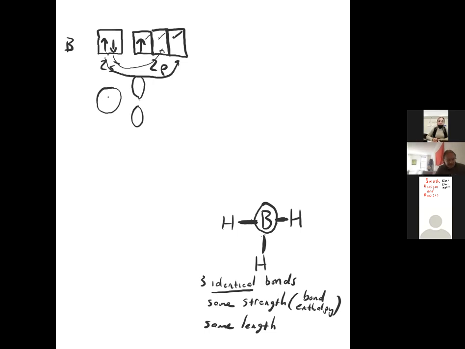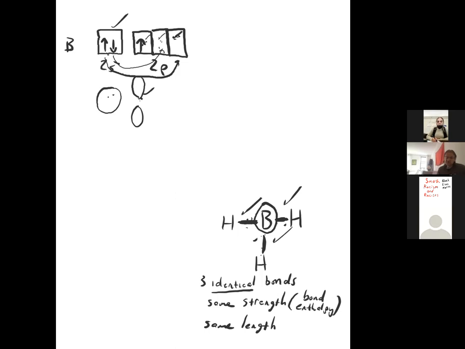So if these are identical bonds, they have to use identical orbitals. That doesn't work either, because these are different types of orbitals. So boron's got to be doing something different. It's not using a 2s because these bonds are the same. It can't be using all three of these orbitals because that would take too much energy.